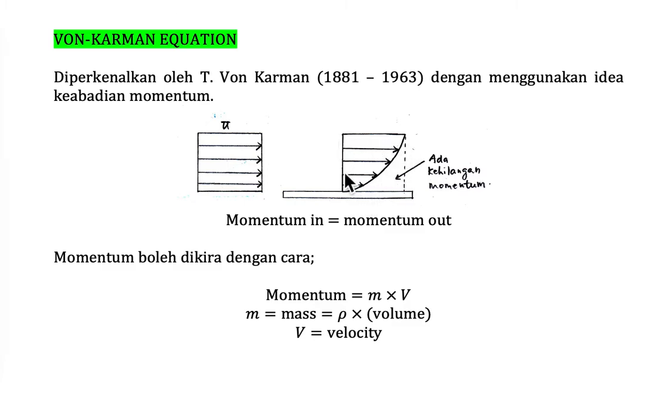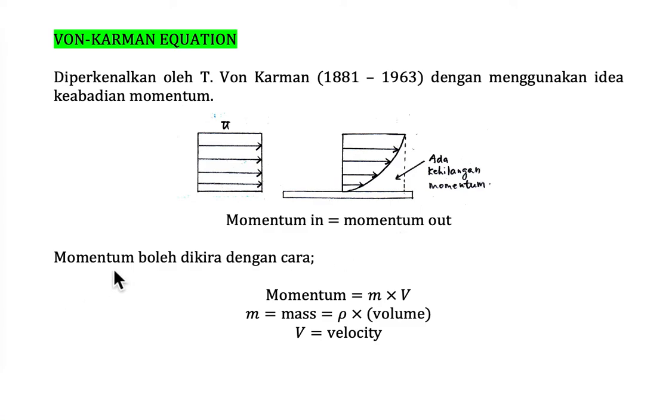So we imagine that the momentum at the inlet is actually not equal to the momentum at the outlet, because at the outlet a part of the momentum is lost. So the basic idea is that momentum inlet needs to be equal to momentum outlet.